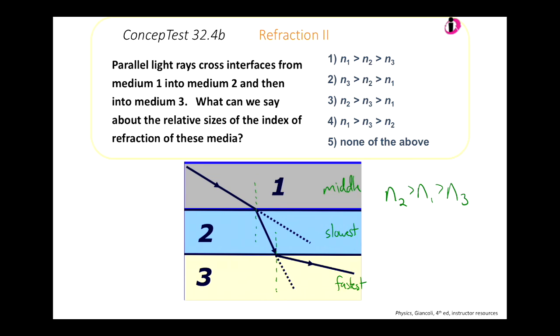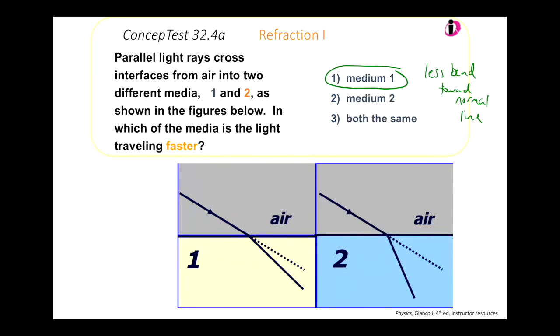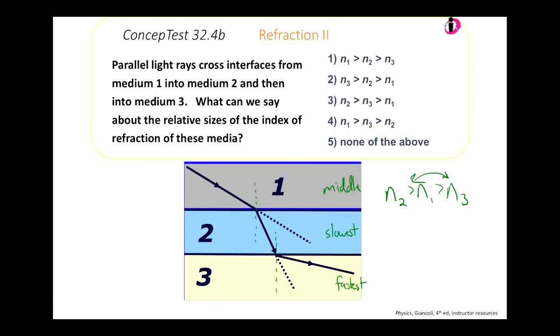Two, greater than 3, greater than 1. It looks like I've got these two flip-flopped. Let me let y'all think about that for a second while I do the same. 1 and 3 are flip-flopped. Oh, wait a minute. Hold everything up. That was 1. Hold on, am I looking at the right problem?